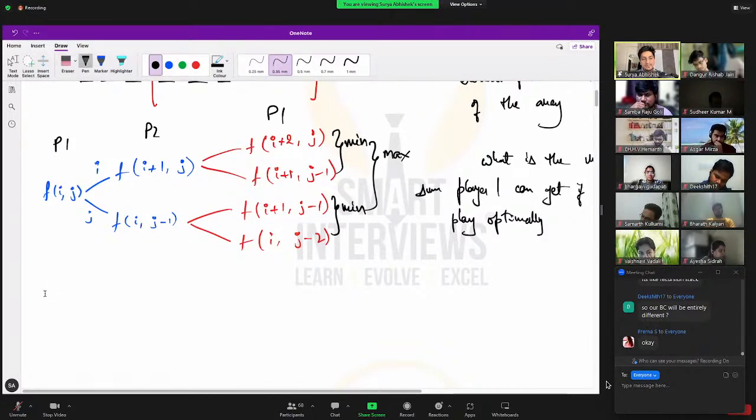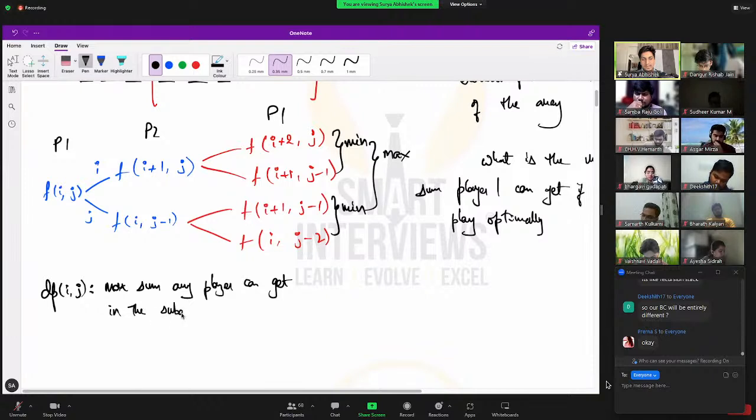DP of i, j is basically storing the max sum any player can get in the subarray i to j. We say any player, right? Because if it is player one's turn, player one will get the max sum there. If it is player two's turn, player two will get the max sum there. Both are playing optimally.